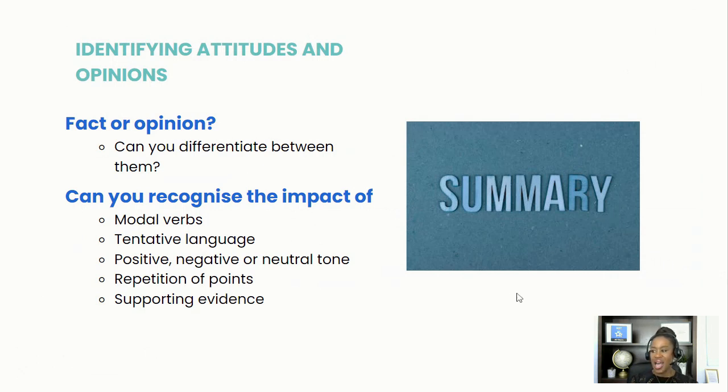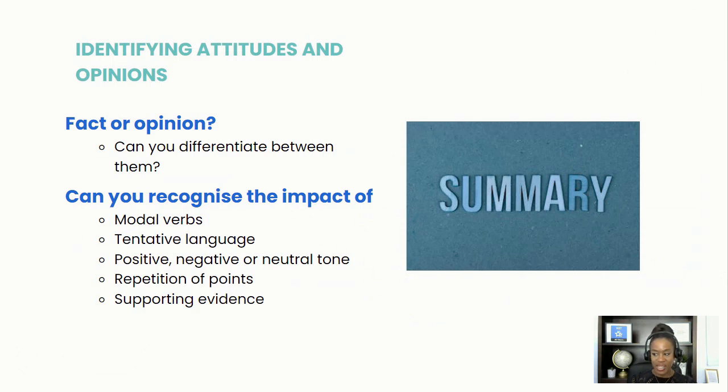And you'll also need to ask yourself whether you can notice the impact of modal verbs that are used, something called tentative language, which is language used when we're not 100% certain about what we're stating. And often this can be used when opinions are being expressed.